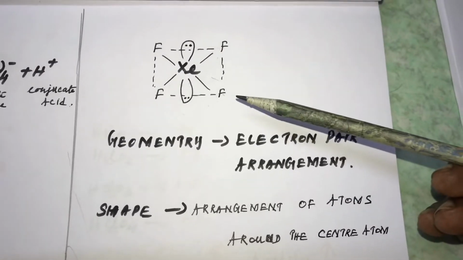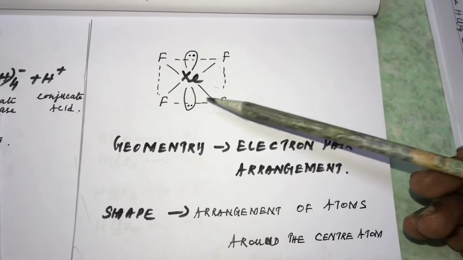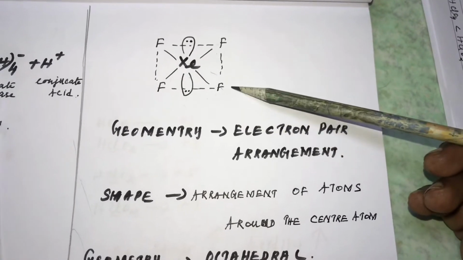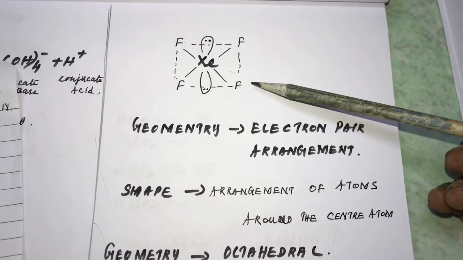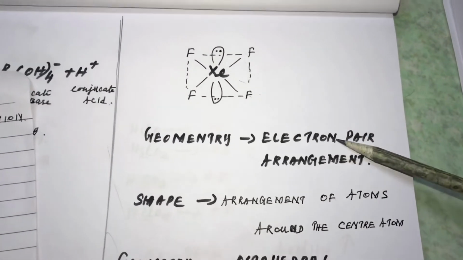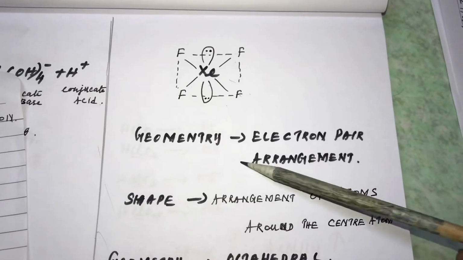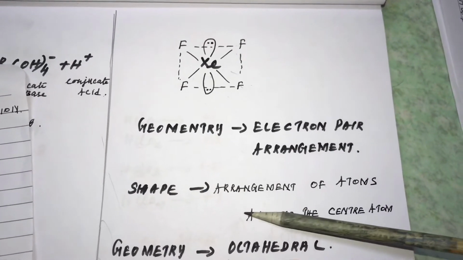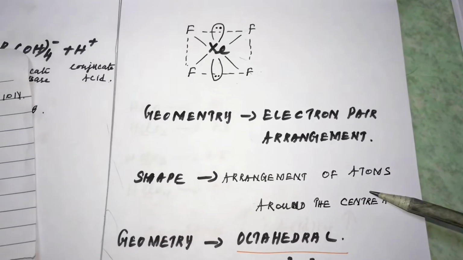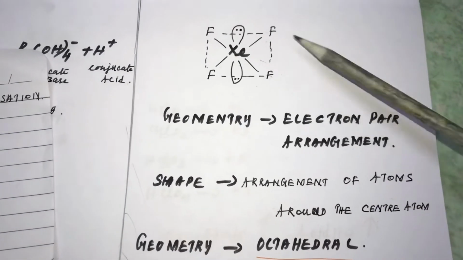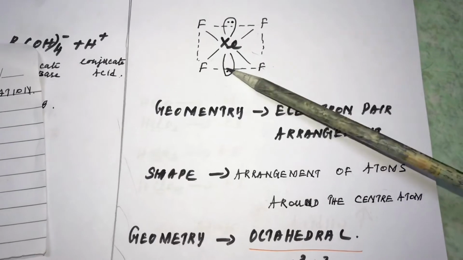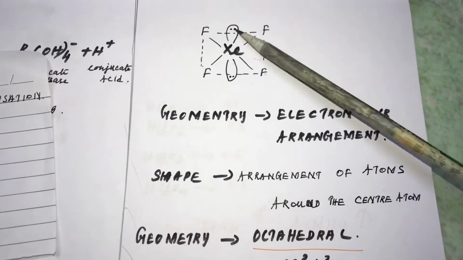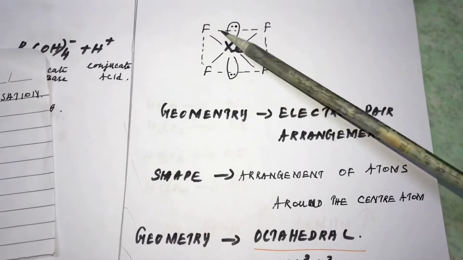This is the shape of xenon tetrafluoride: 4 bonded pairs of electrons, 2 lone pairs of electrons. According to VSEPR theory, the electron pair arrangement gives the geometry of the molecule, and the shape of the molecule is determined by the arrangement of atoms around the central atom. So according to the structure, the geometry is octahedral.